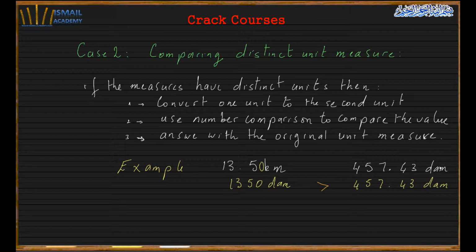My answer will be here, so I need to compare those two. So this will be my answer. This test is just for you to check which one is greater. So this is for you, not to be your answer, just for you to check. This should be your answer.